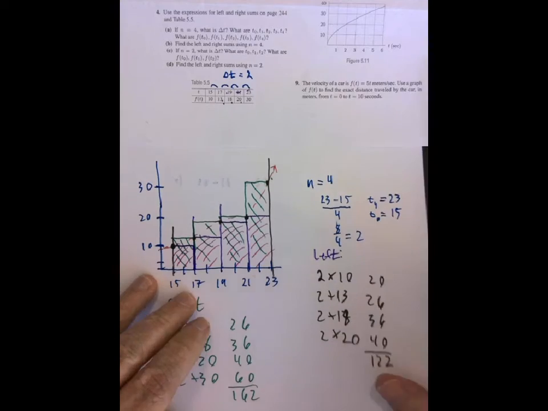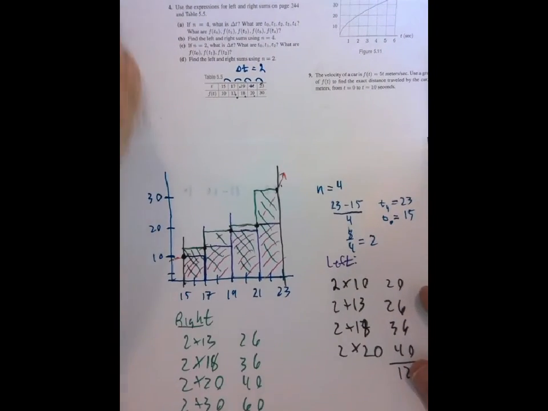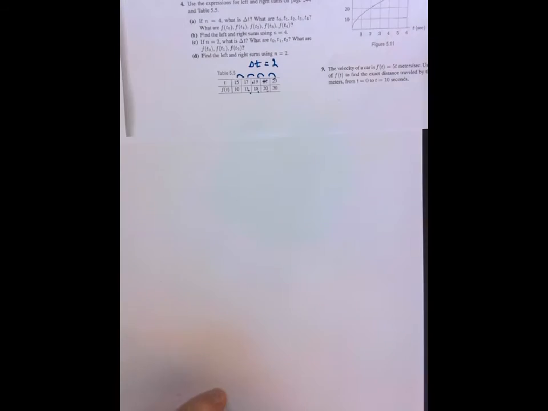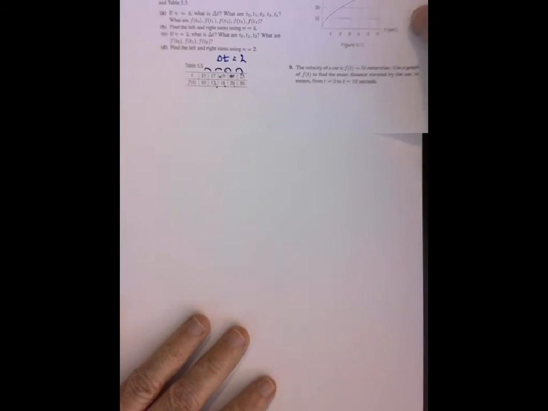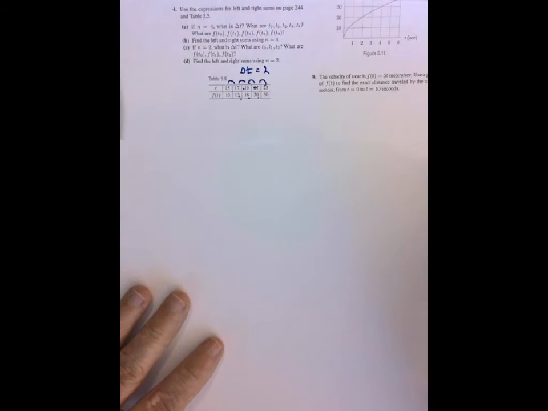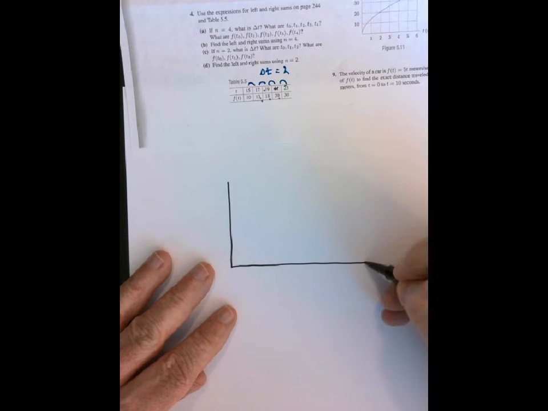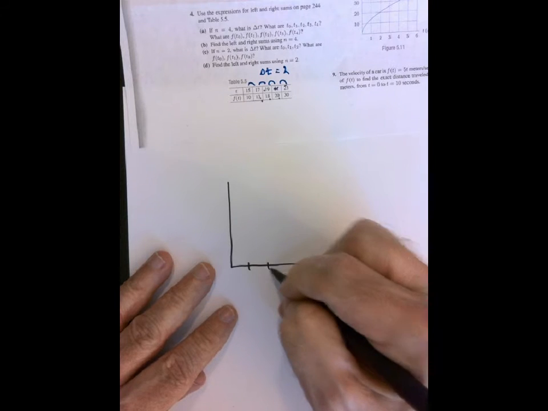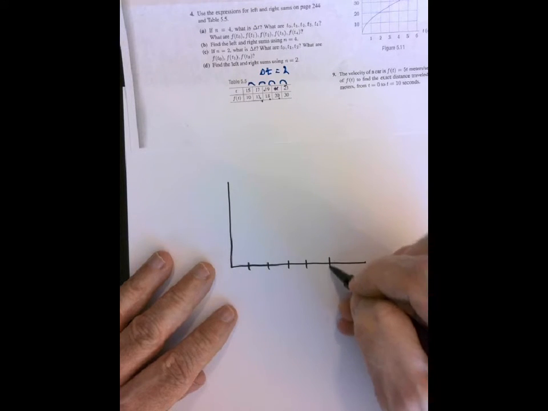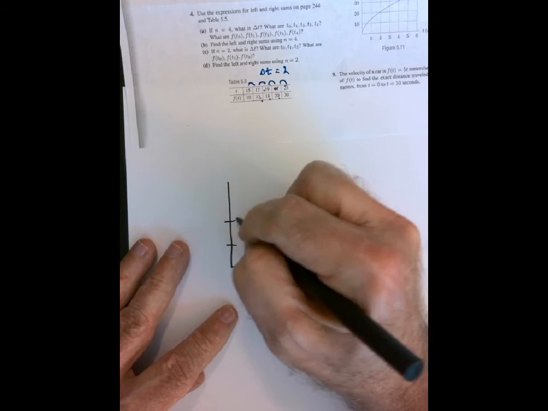So real quick, another quick graph here. So this is 15, 17, 19, 21, 23, 10, 20, 30, right?